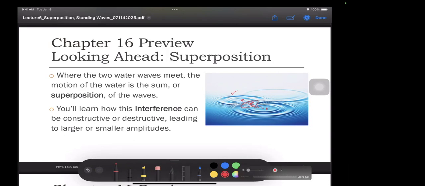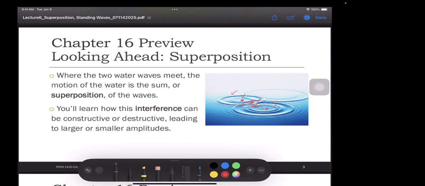You can see when those two waves travel to a far place and meet in the middle area, sometimes the amplitude of the waves will be larger.